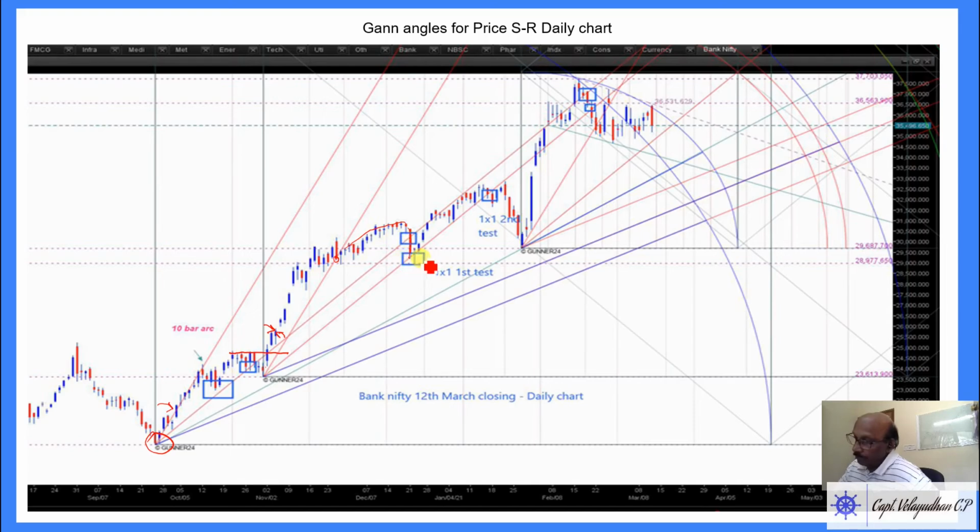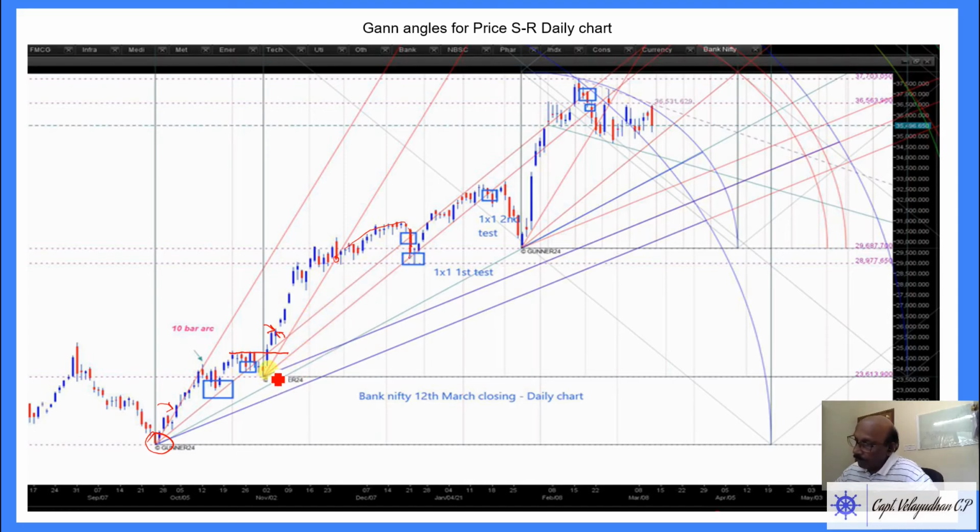You have to see that after moving away from 2 by 1, most of the time it may take support at 1 by 1. The previous 1 by 1 was a support area, but the breach was very strong, so it didn't take support. But we had already placed a Gann angle here, and we knew the support would be here.